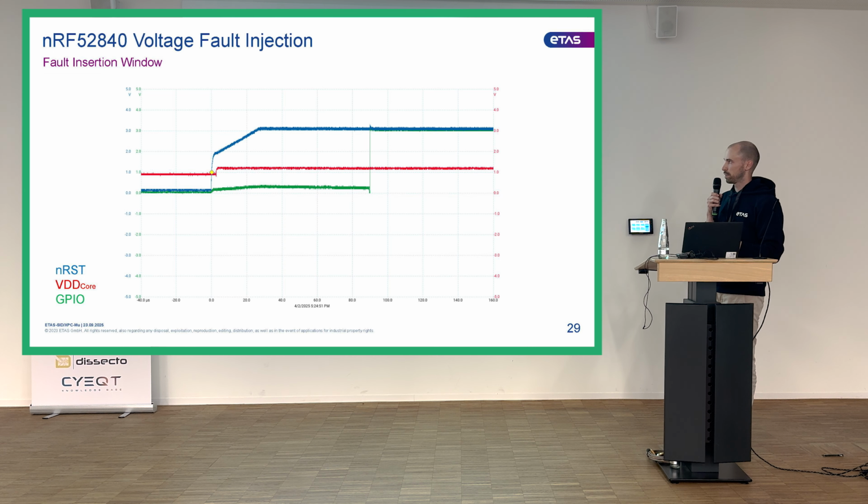Somewhere in between this reset and this GPIO pin, the device reads this locking status from flash memory and then decides to lock or unlock.